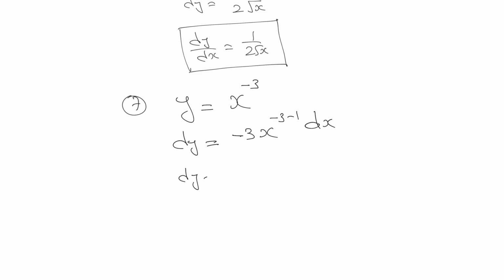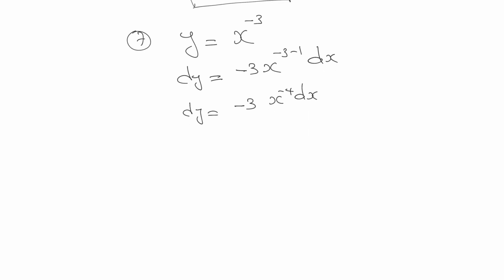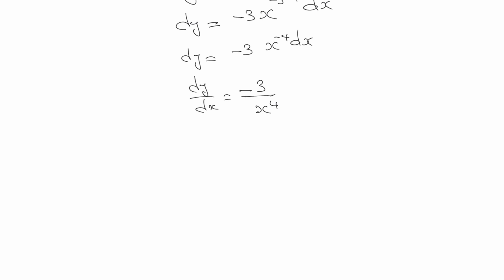So dy will be equal to minus 3 into x raised to minus 4 into dx. Or you can write dy by dx will be equal to minus 3, and if you want, you can write this x in the denominator, so x raised to 4. So that will give the value of dy by dx.